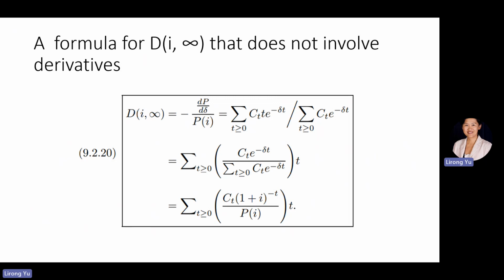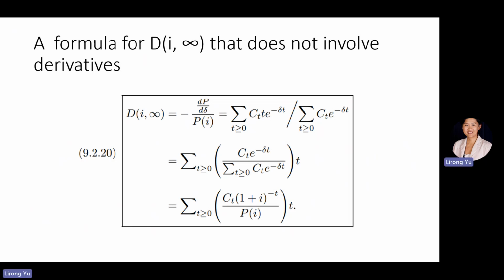P_i is the total present value. So in the last line of the formula, C_t times 1 plus i to the power negative t over P_i is like a weight of that present value. One single present value divided by the total present value is the weight of that cash flow. And then you multiply by t.